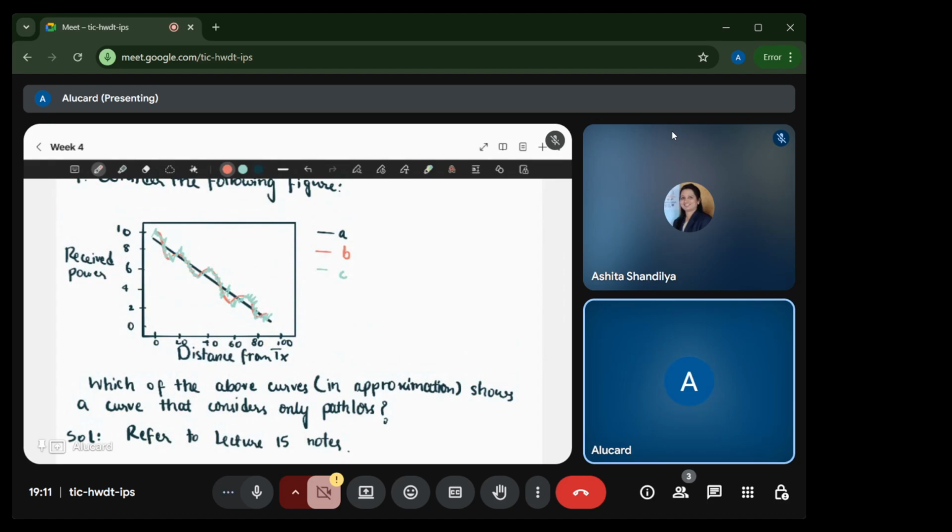So the path loss is just a function of distance, and it doesn't vary. It's only a general trend. So as the distance increases, the path loss also increases.